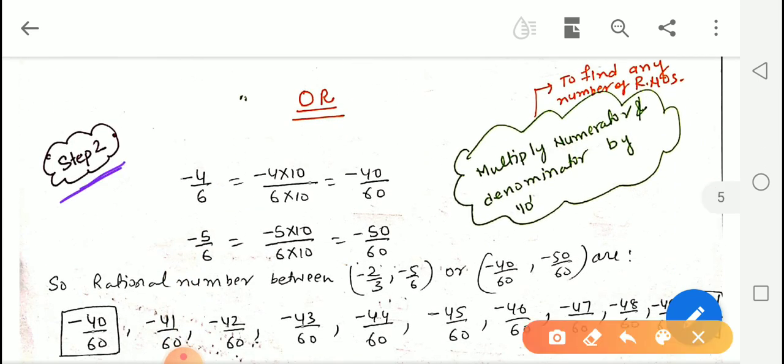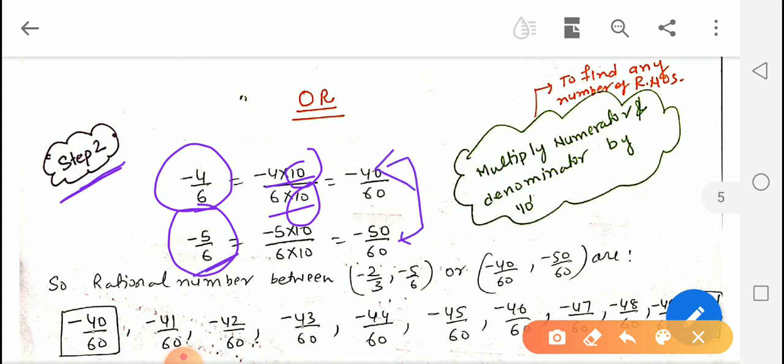In this step, these are the two equivalent rational numbers which were obtained in step 1. Instead of 7, if we multiply numerator and denominator by 10, we can do this to both the numbers, and we will get these two numbers as equivalent rational numbers.